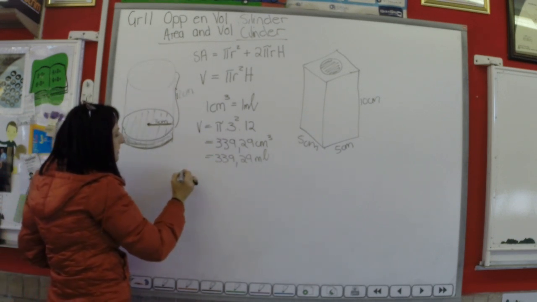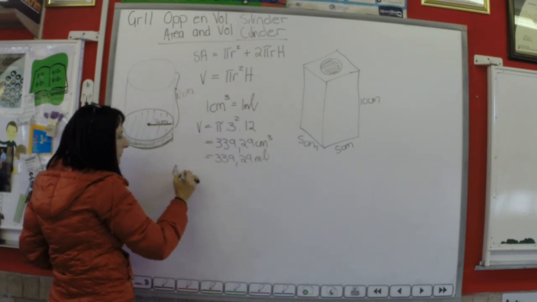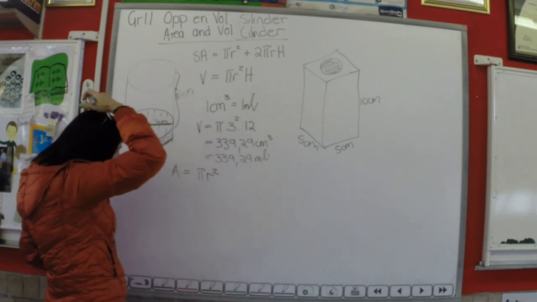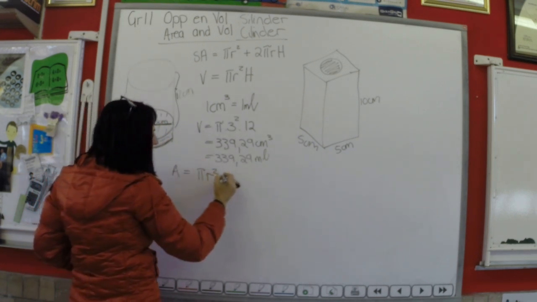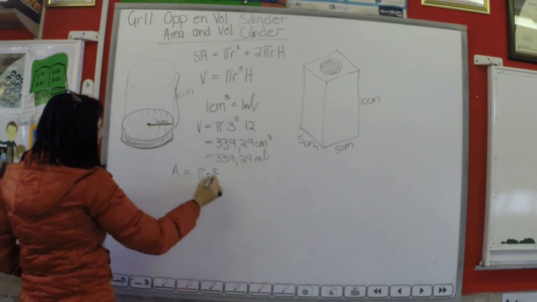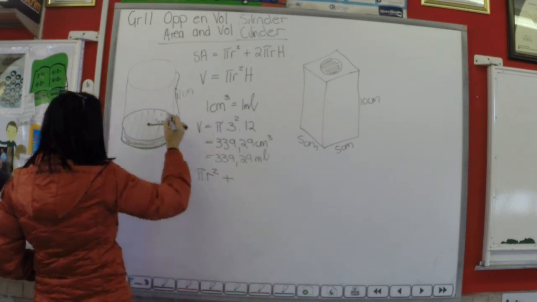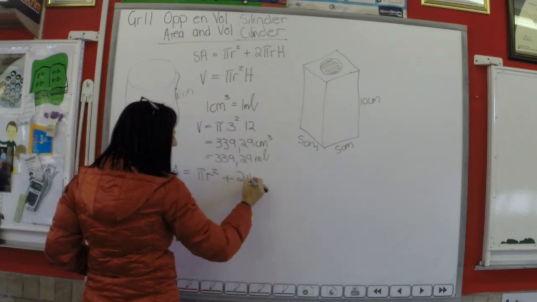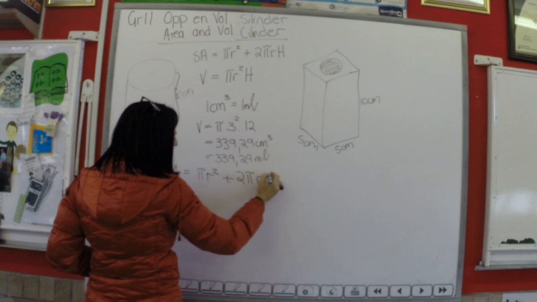So ek het net, for the area, I've got only 1 circle, and then I've got this height, and then I can add, and that's now the perimeter of the circle, 2 pi radius times the height.